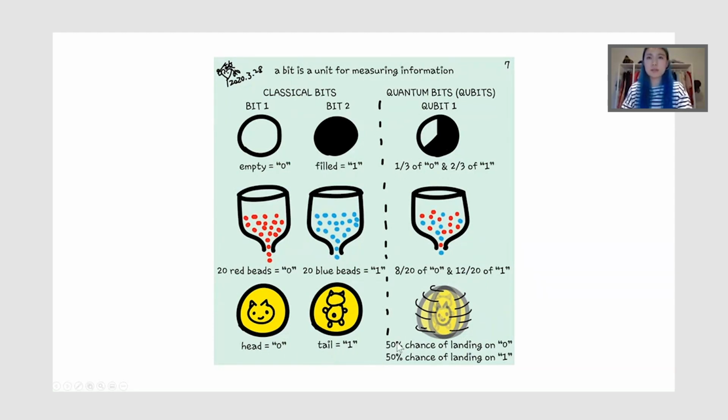You can just arbitrarily label them. If it's a fair coin, you will get a 50% chance of landing on 0 and a 50% chance of landing on 1. That is what a qubit does. It is given a linear combination of all the possibilities. Each possibility has a certain chance, a certain probability, labeled.